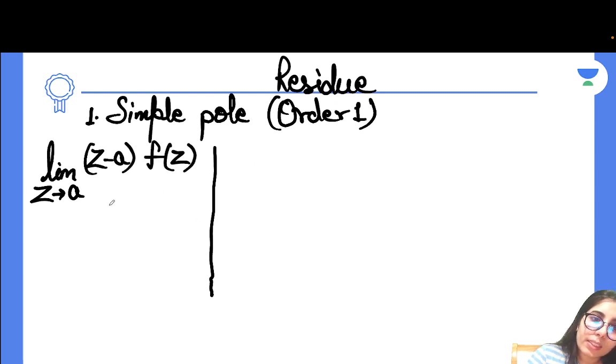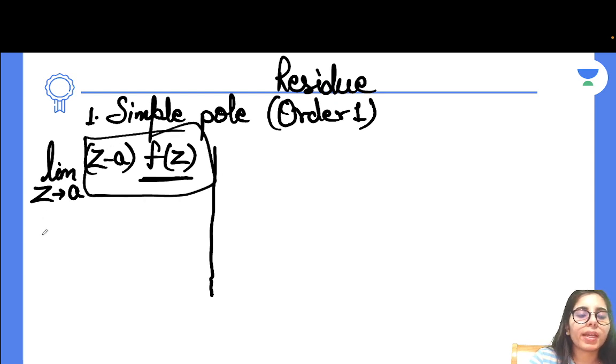Whatever function is given to you, which has helped you to get that pole, we generally take the overall function for which you need to find the integration, and z minus a you write in the starting. After simplifying this part, you apply the limit, right? So limit z tends to a, z minus a, f(z). This is only applicable for a simple pole. We mostly use it, but in any case if it is making things complicated and not giving us the answer quickly for the residue, we will go for the next one.